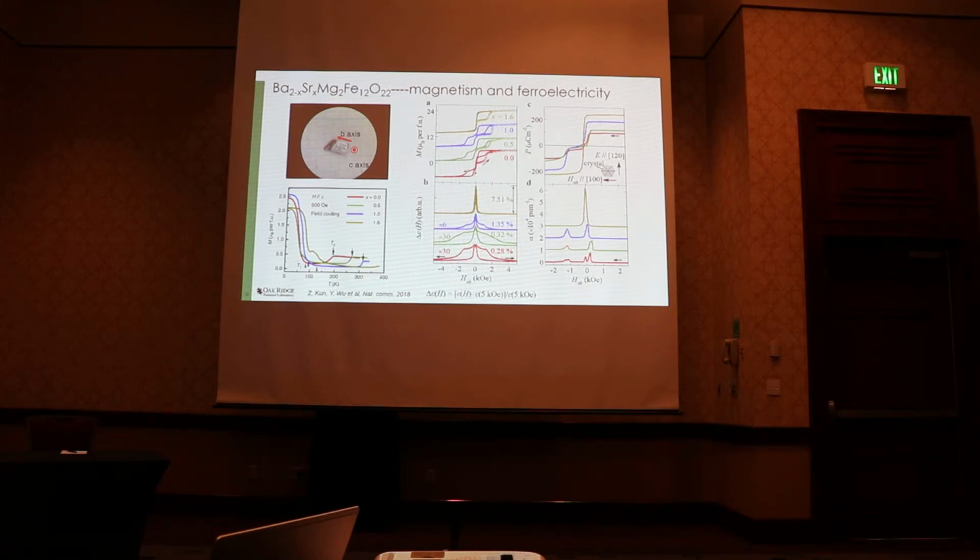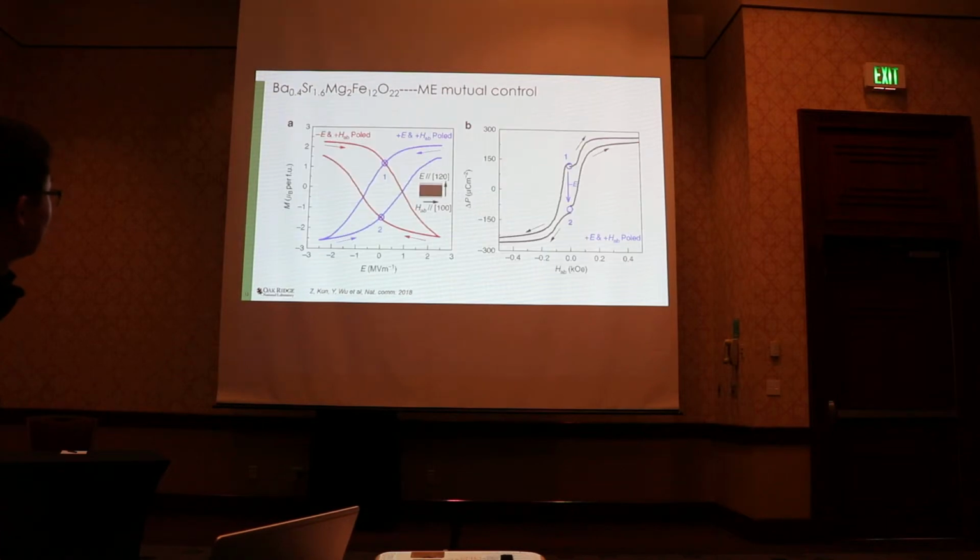So here is the position 200 level, and if you check the coefficient, the ME coefficient is a sharp peak, this is 33K, and we claim this is the record high. Since the coupling is not strong, we can do mutual control: use the electric field to control the magnetization, and use the field to control the polarization.